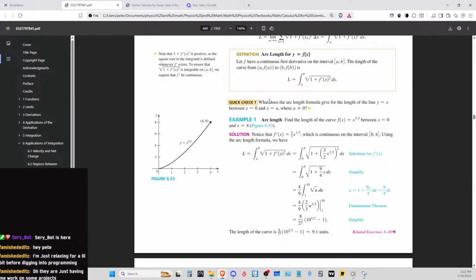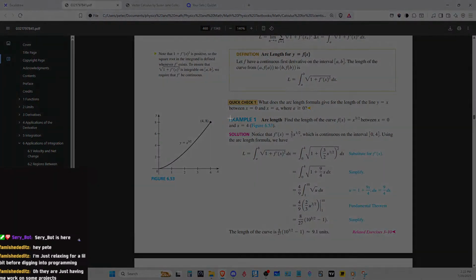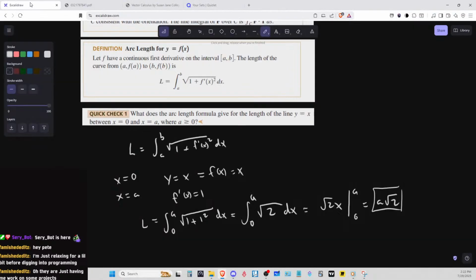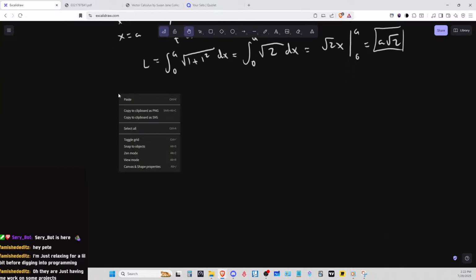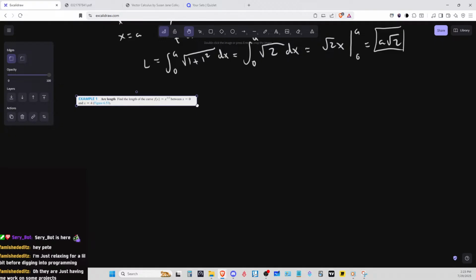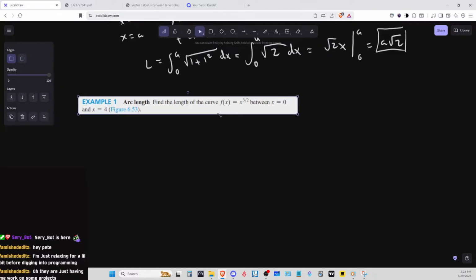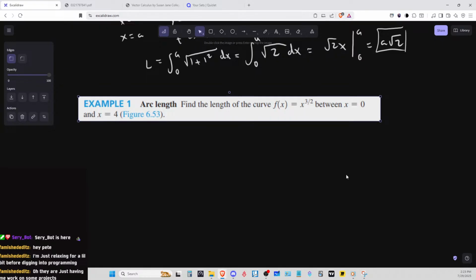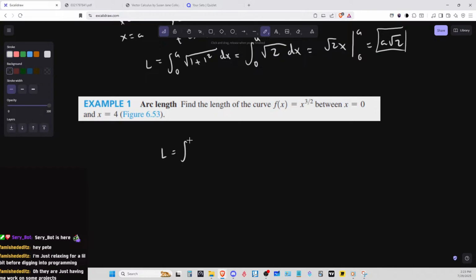Let's see, find the length of the curve of f of x between, oh, let's actually try this problem. It's an example, but I want to try to solve it before I read the actual explanation. Okay, so to solidify our knowledge, we'll write it all out again.